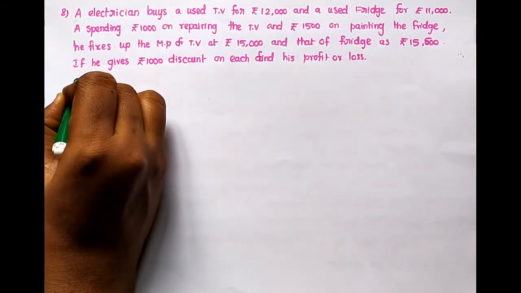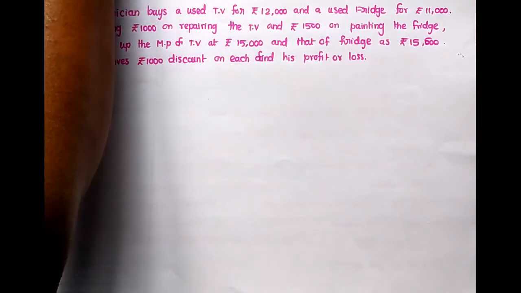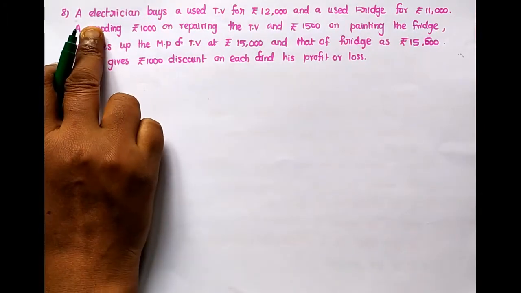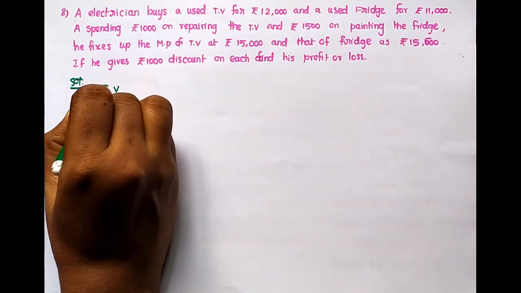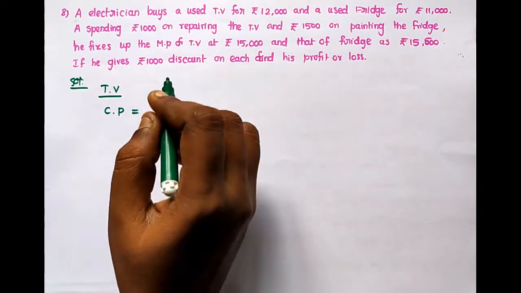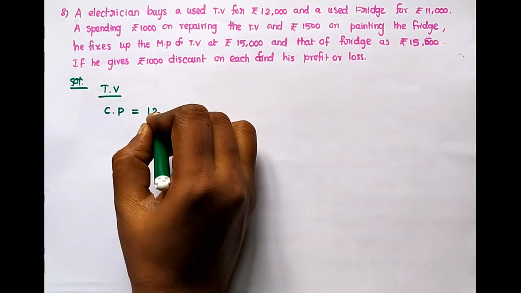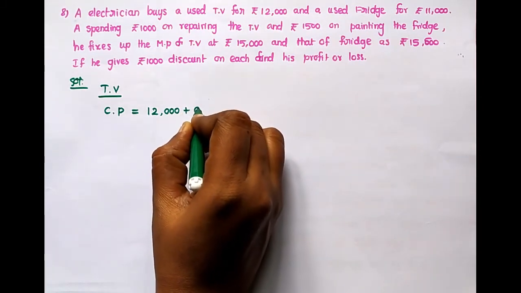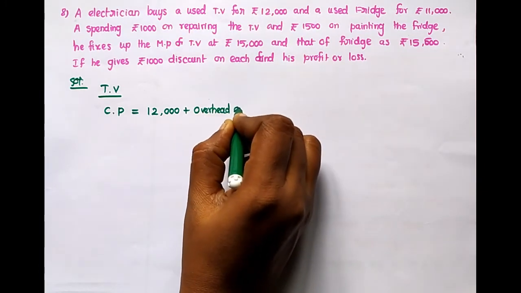Listen. Solution. First, TV. Cost price equal to 12,000 plus overhead expenses.